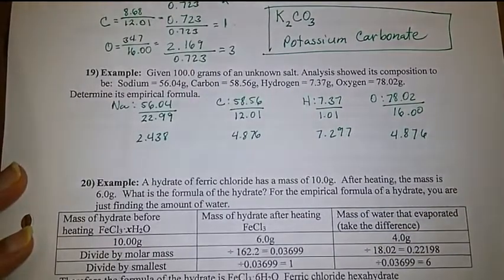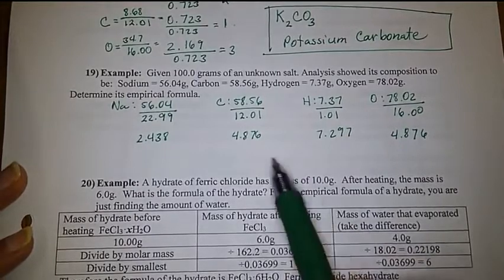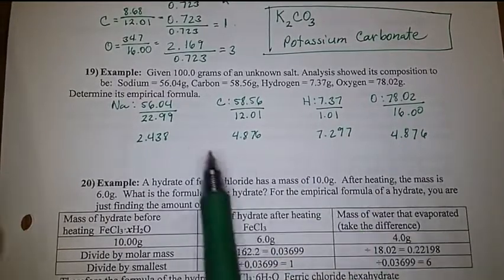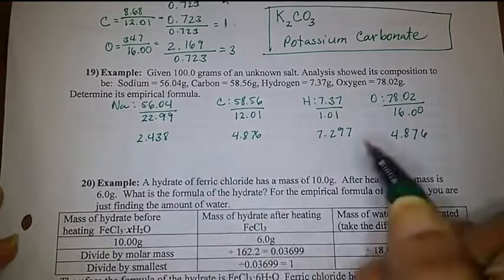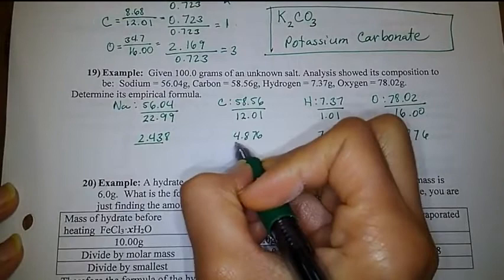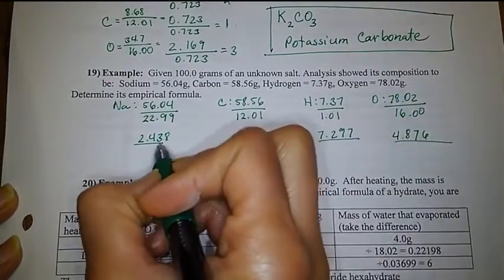So sometimes these numbers are so long, so you want to have a stopping point somewhere. So 3 places past the decimal is just fine. Okay? So now we find the smallest ratio that we got, and it is for sodium.